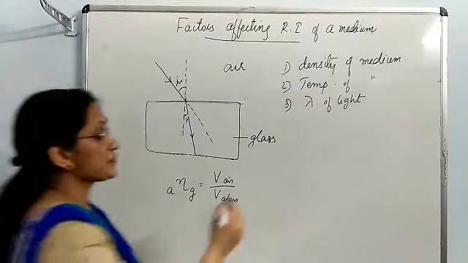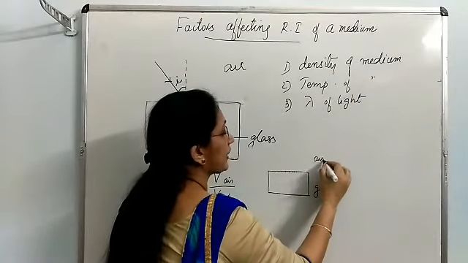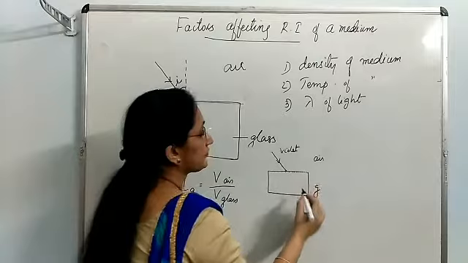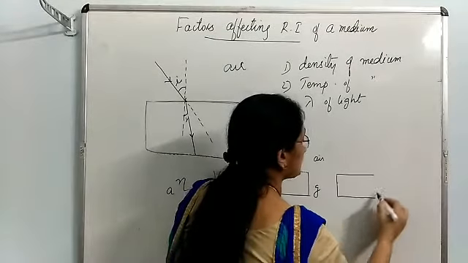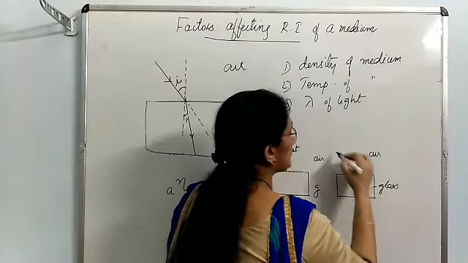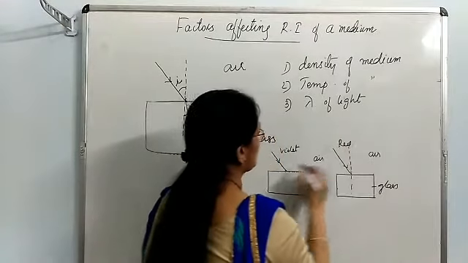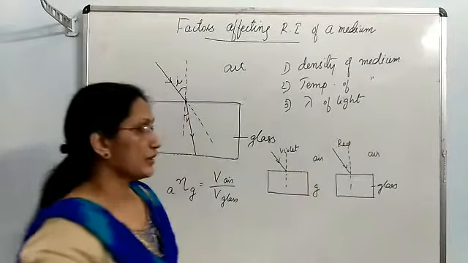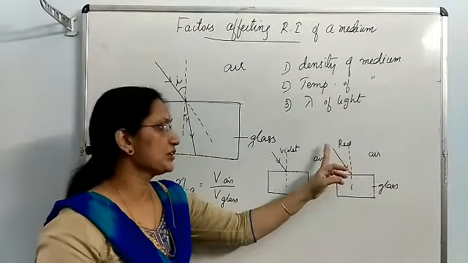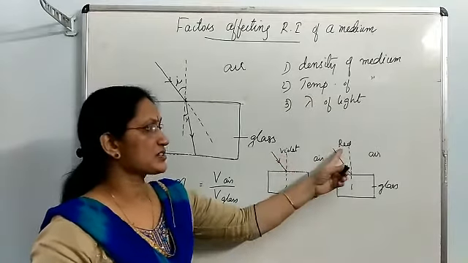For example, suppose you are finding out the refractive index of glass with respect to air by using violet light, and with the same glass you are using red light. You are finding out the refractive index of glass with respect to air by using two different colored lights. First one is violet, next one is red.